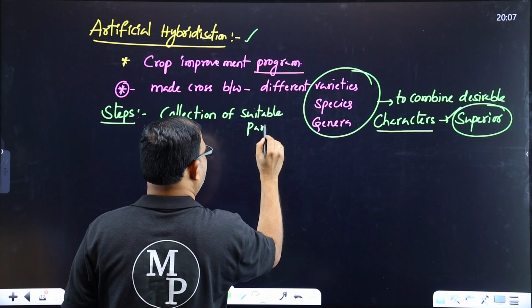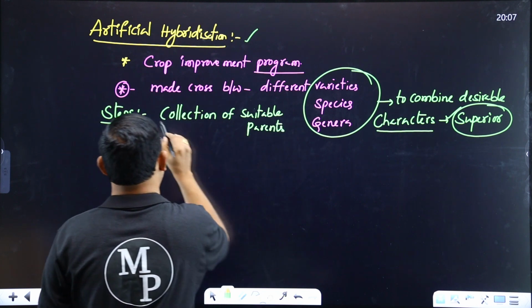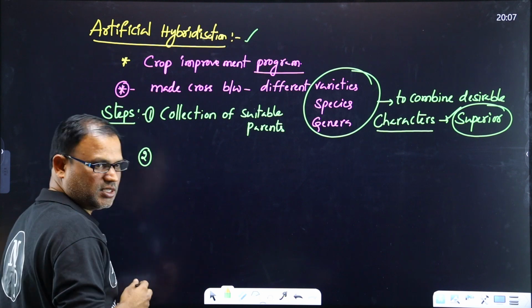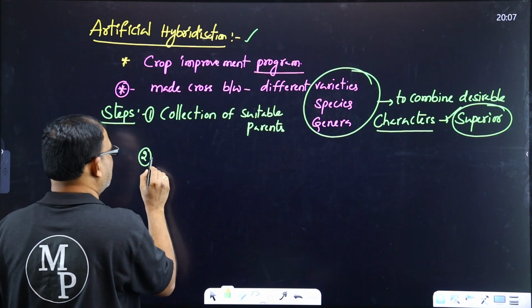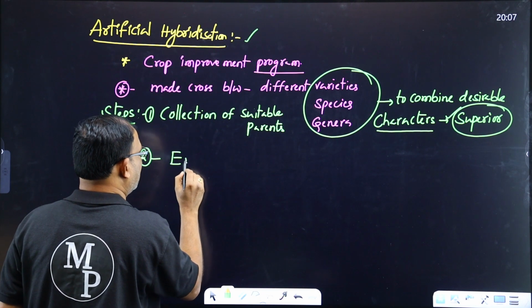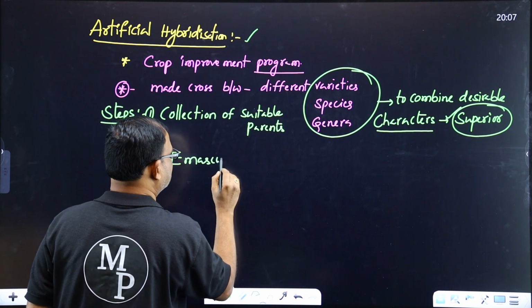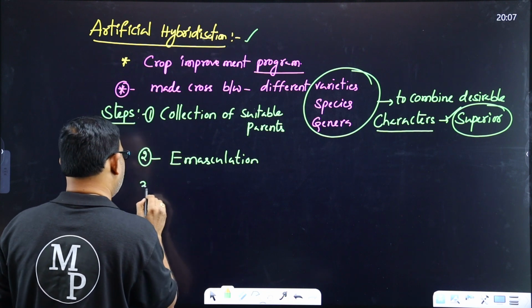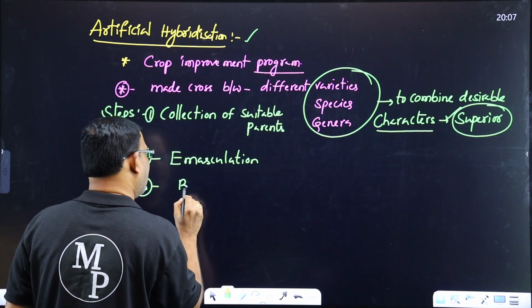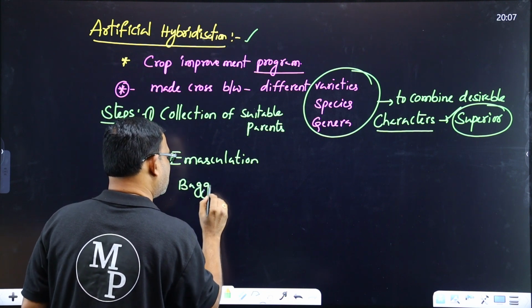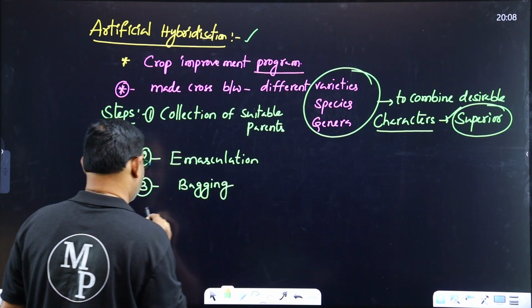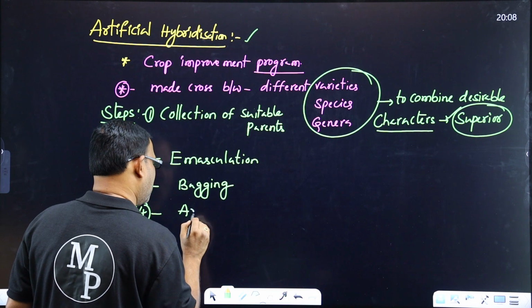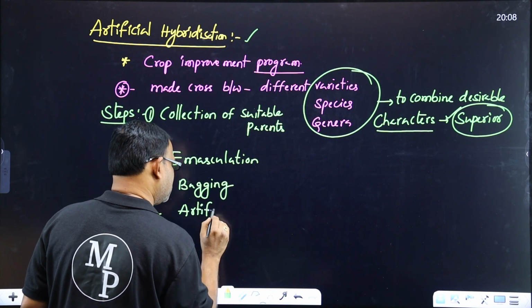The second is emasculation. The third is bagging. The fourth is artificial pollination.